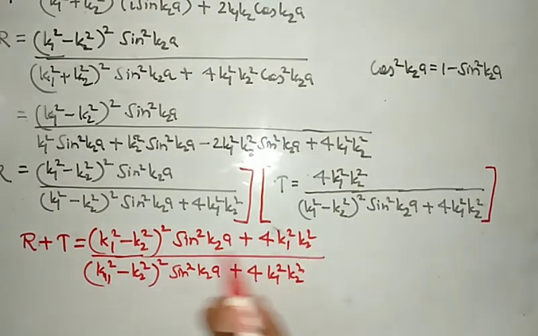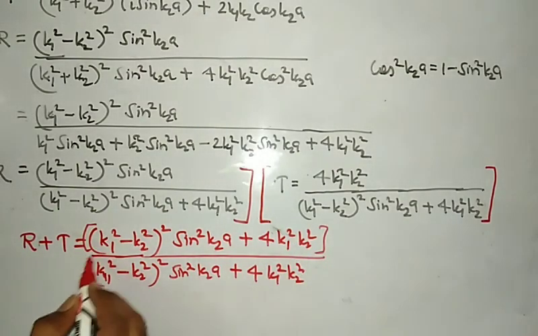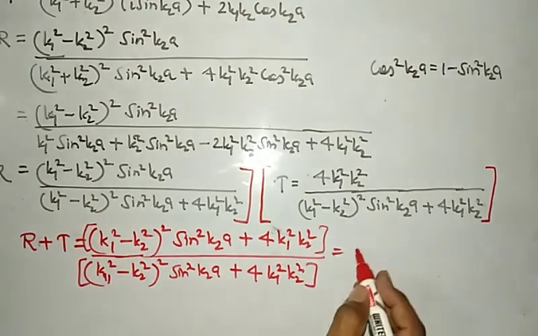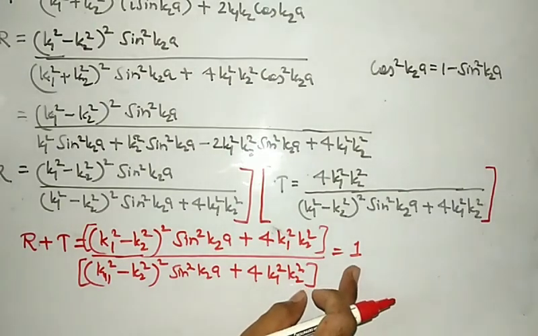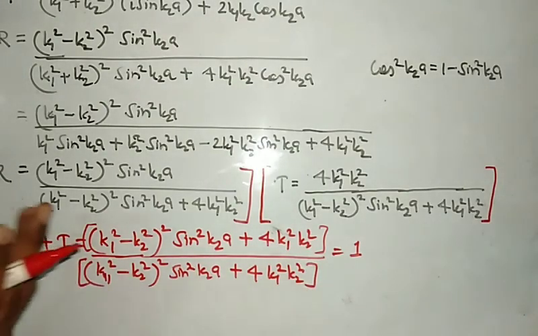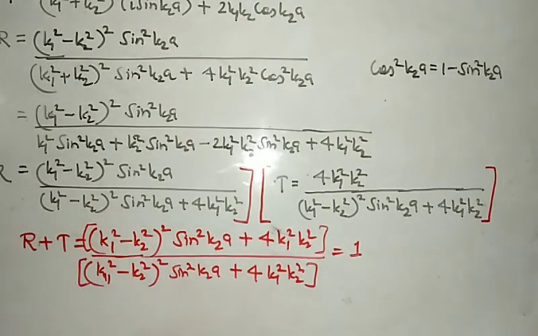Obviously numerator and denominator cancel out, and we get 1. So by definition r plus t is equal to 1. It means that our expression is absolutely correct.